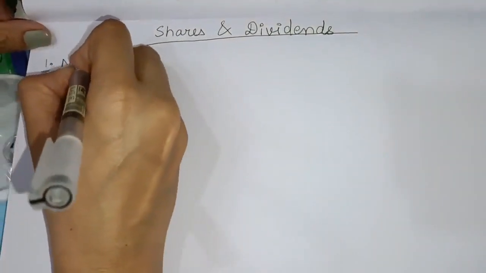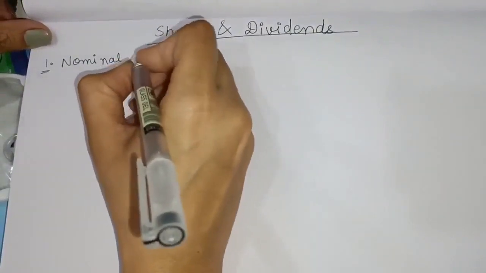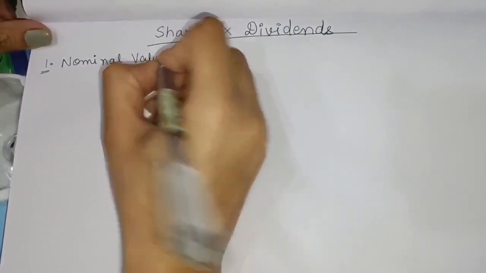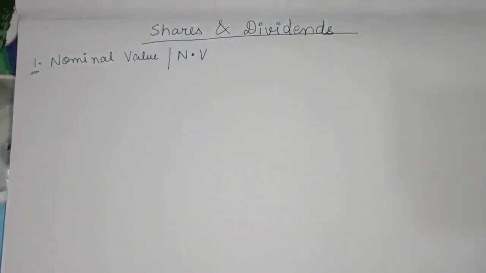Nominal value. The first term is nominal value. It is most of the time abbreviated as NV.